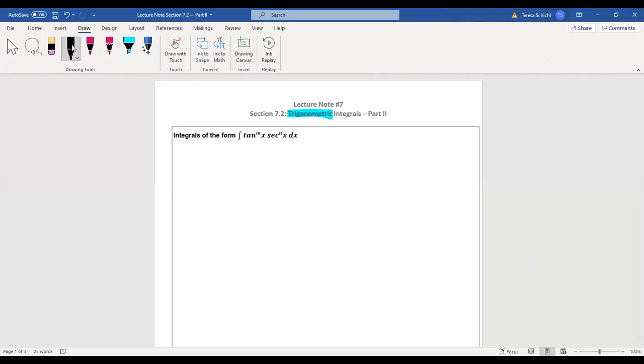For this one, we're going to talk about the tangent and the secant. The strategy is very similar if I have the cotangent and the cosecant: the cotangent x to the nth power and the cosecant to the nth power. I'm not going to have two separate cases because the cotangent and the cosecant have similar properties to the tangent and the secant.